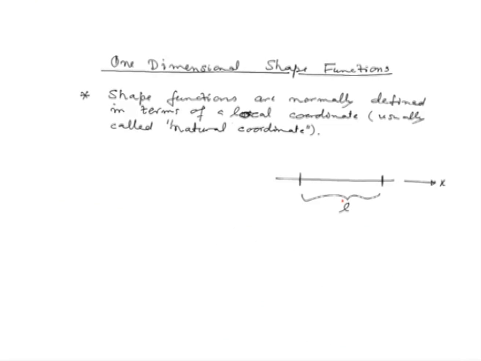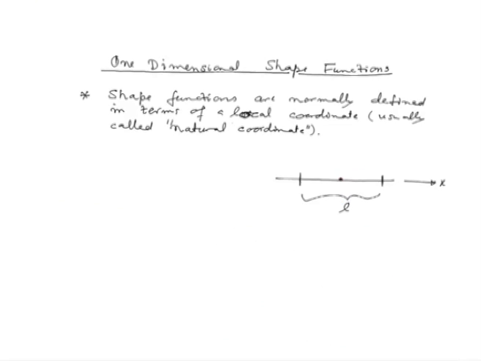So, for each finite element, if we define our shape function in terms of x, the definitions should change. But if you introduce this natural coordinate, we can have identical definition for the shape function in each of those elements. So, now how do we define the natural coordinate?